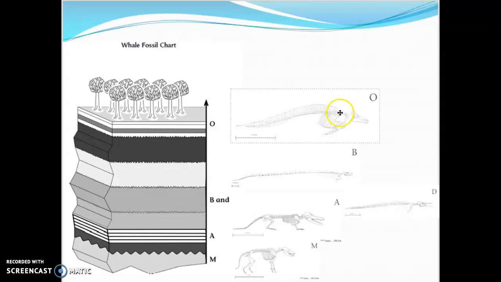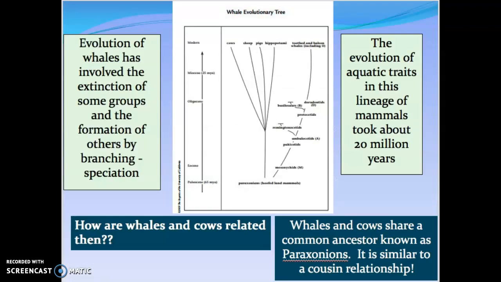Okay, so let's take a look at the phylogenetic tree of whales. We talked about phylogenetic trees before when we did the woolly mammoths and the elephants. And remember in the reading yesterday, we said that whales were related to your hoofed animals.